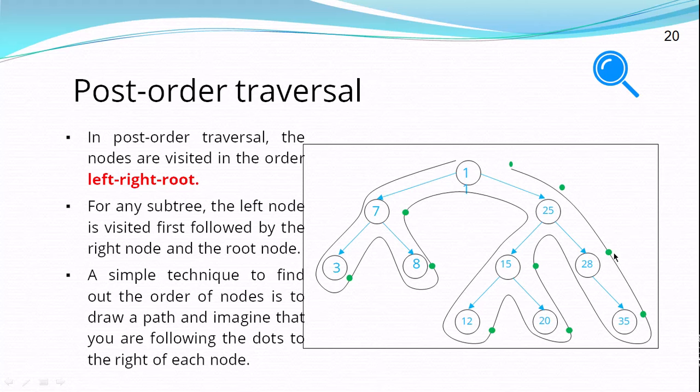So I mark the fact that I'm visiting this node, or processing this node, or outputting the value of this node by a green dot, and at that point in time I've fully explored 25's right-hand branch.